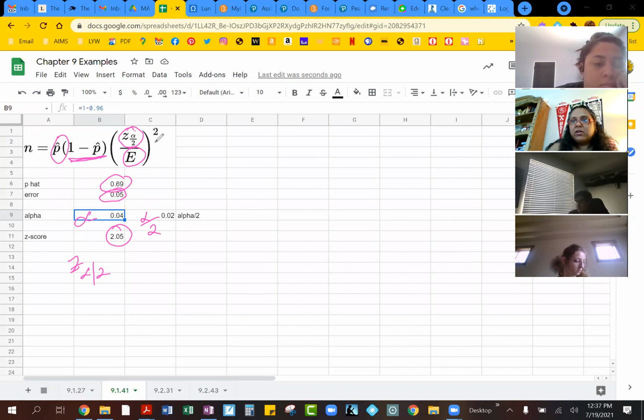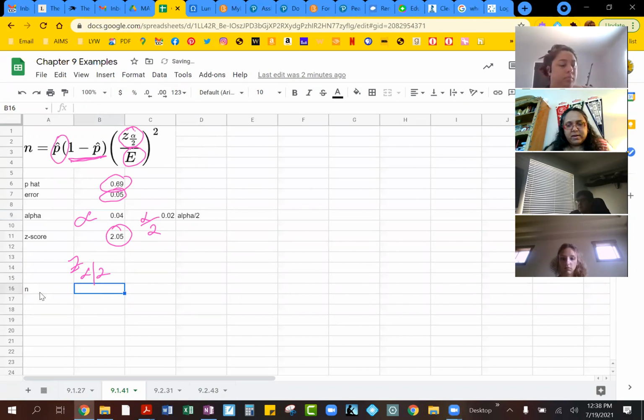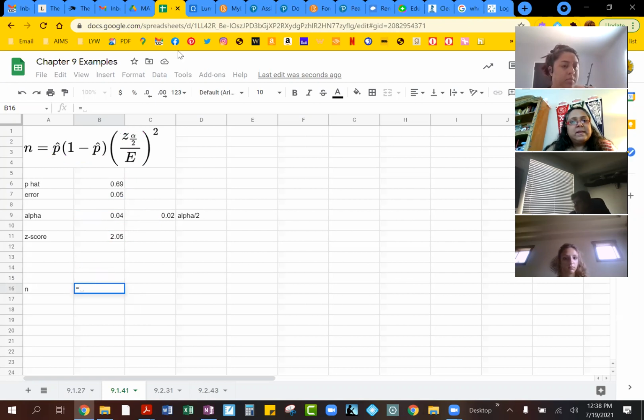So now that we have all of these individual components calculated, we can figure out what that N value is going to be. That's our next step here. I'm just going to put N over here and do the calculation. So N is p hat, the 0.69, multiplied by, in parentheses, 1 minus p hat, so that's 0.69 again.